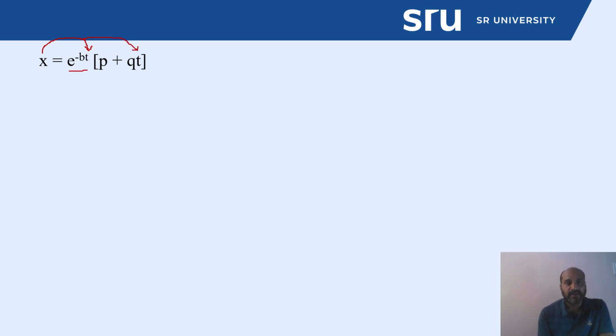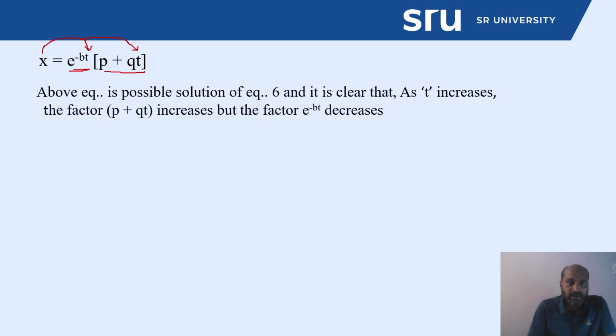One is e to the power of minus bt, which is exponential behavior, and p plus qt is the second term, which governs the position of the oscillator, which is a linear behavior, right? So now this equation is having two terms. Dependency of time is in two ways. One is the linear factor p plus qt, and the exponential factor e to the power of minus bt.